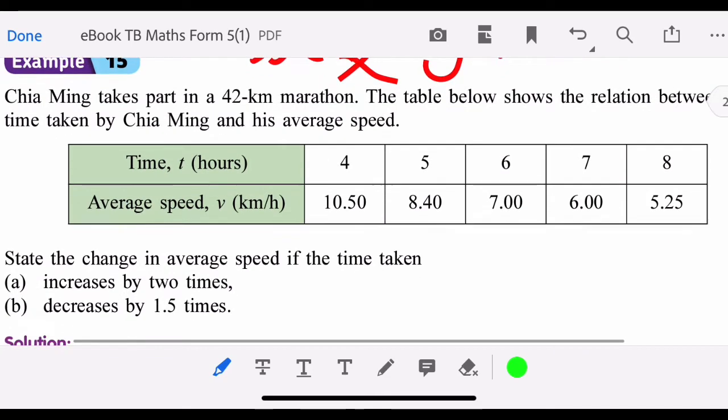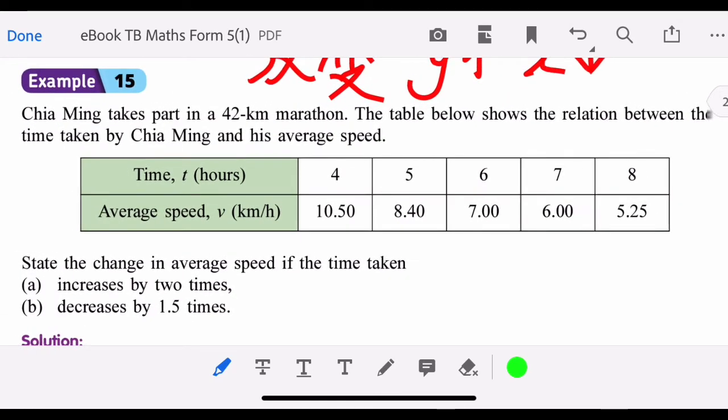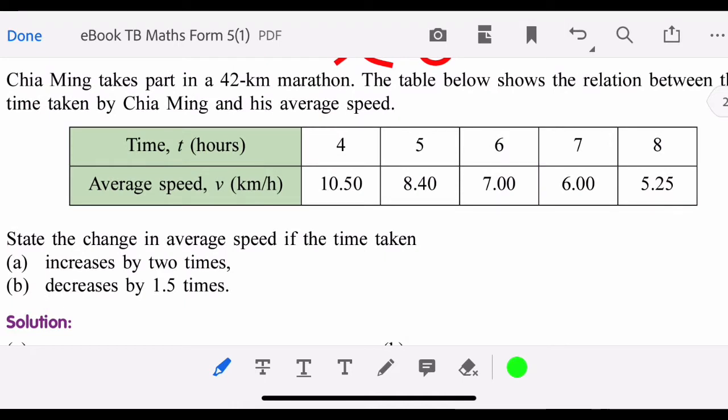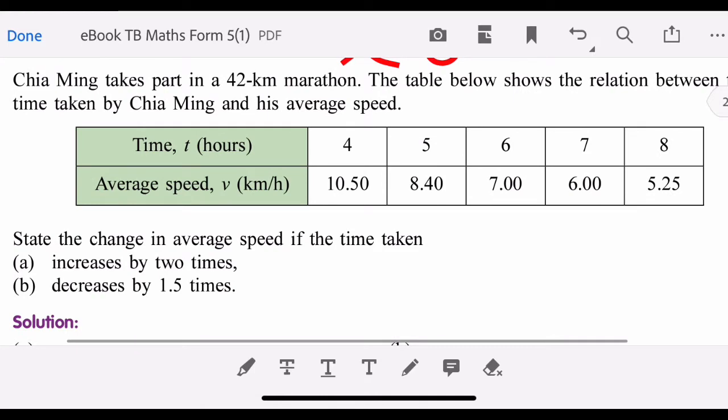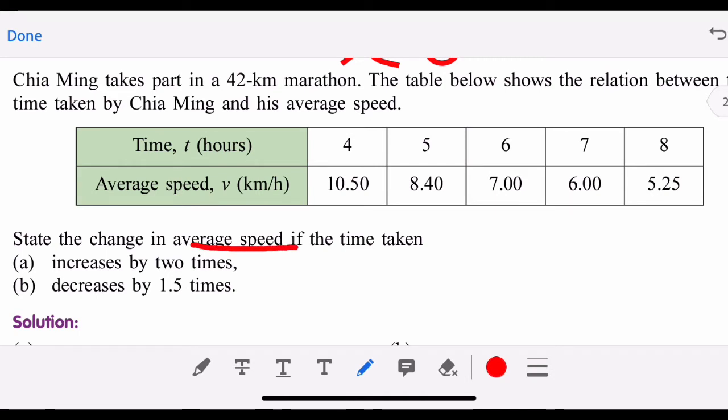Okay, let's see this example. Chiang takes part in a 42-kilometer marathon. The table below shows a relation between the time taken by Chiang and his average speed. State the change in average speed if the time taken increased by 2 times, and if the time decreased by 1.5 times.